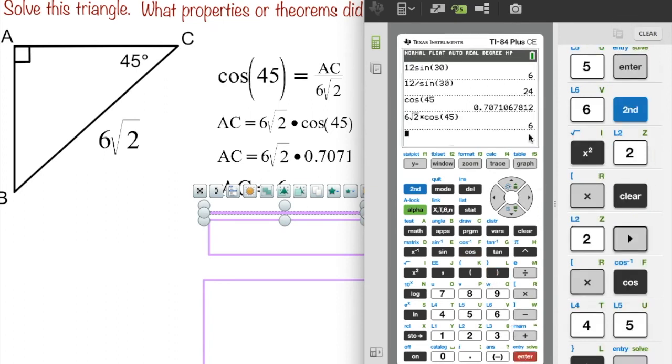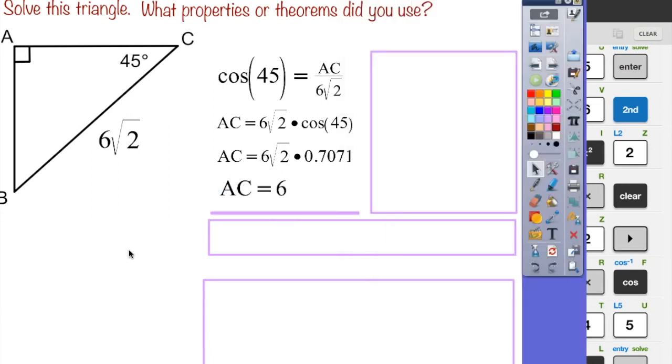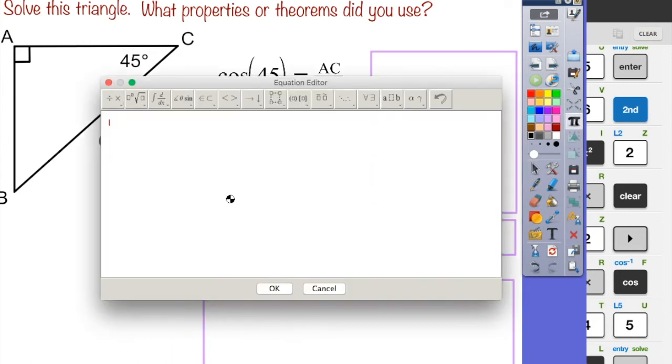Okay, and that gives me a value of 6. Okay, so let's type in here 6 for that value.